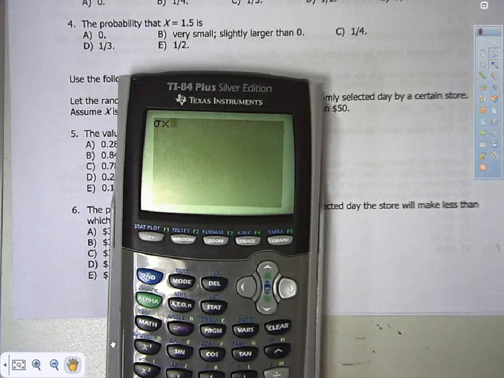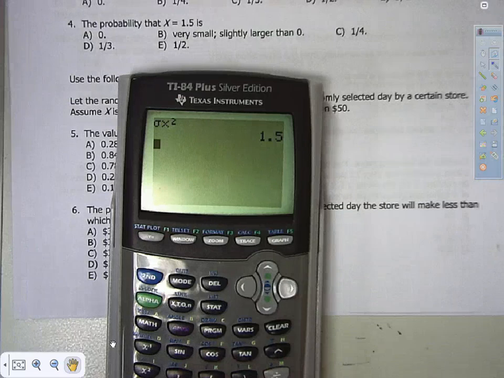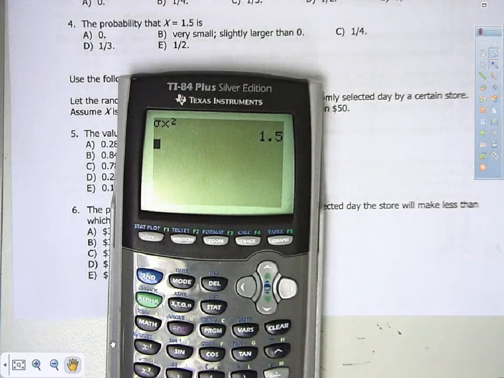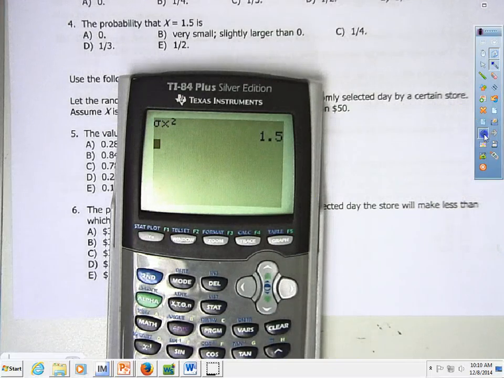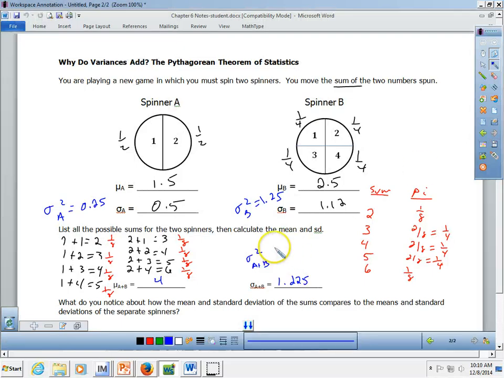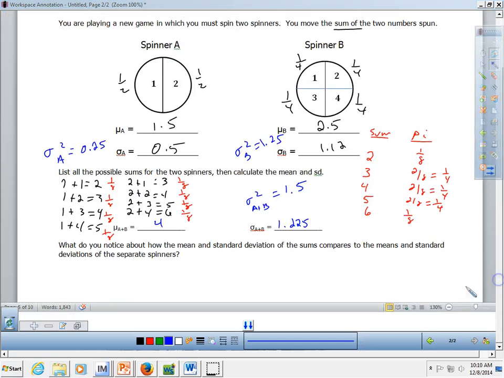It'll take that sigma sub x and square that for us and show us that the variance is actually 1.5 without any rounding issues. So this is 1.5.